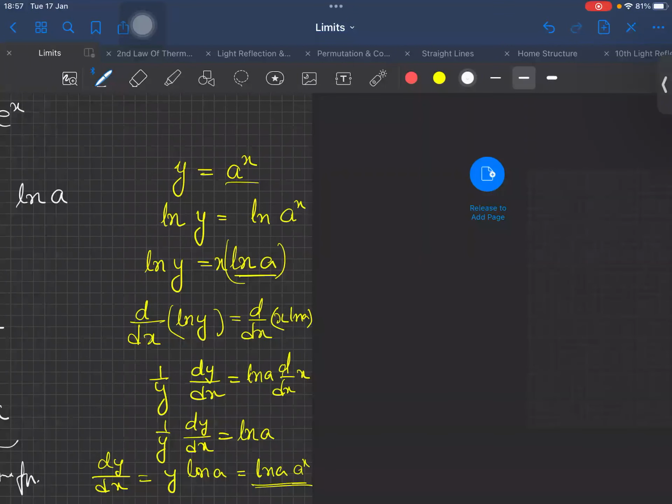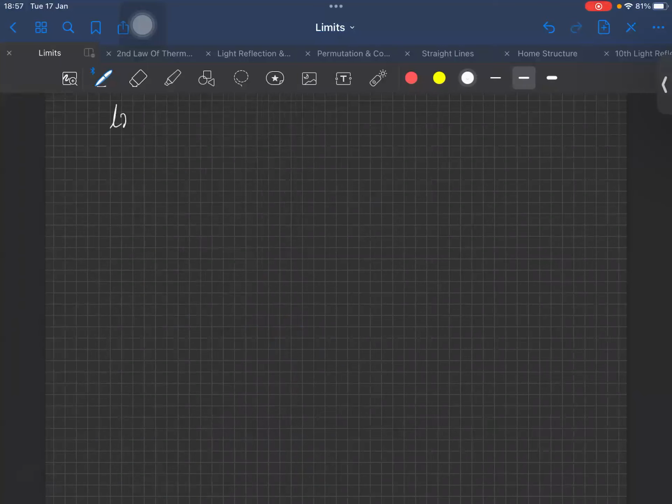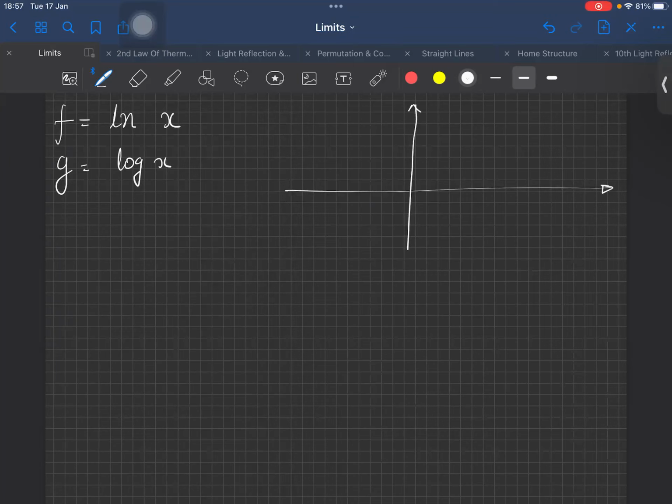So hopefully you know the difference between ln x and log x. See, some function f is ln x, some function g is log x. If you see graphically how they look, both are different. With the yellow one, I'll draw ln x, and with the red one, I'll draw log x.